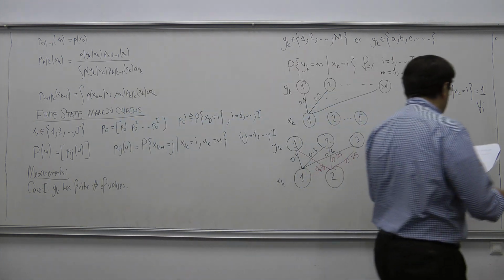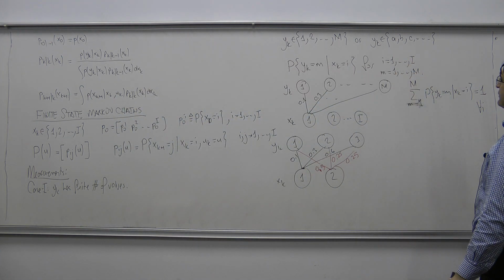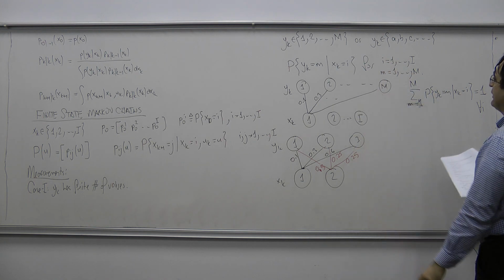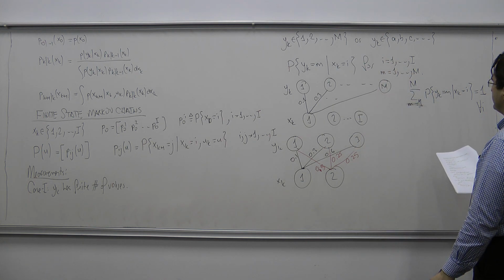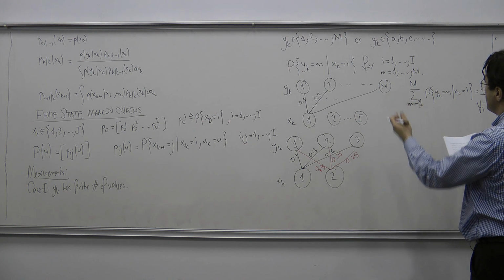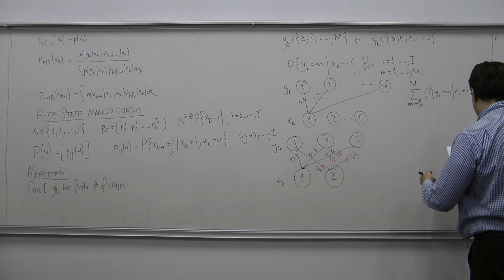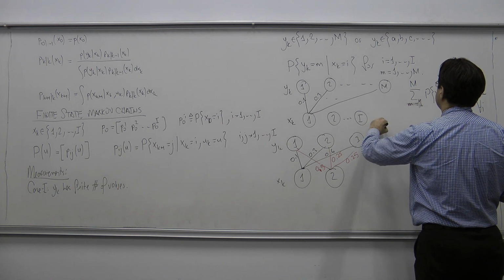So here I have, this was case 1, when the output is a discrete random variable with finitely many values. And let us go to case 2.